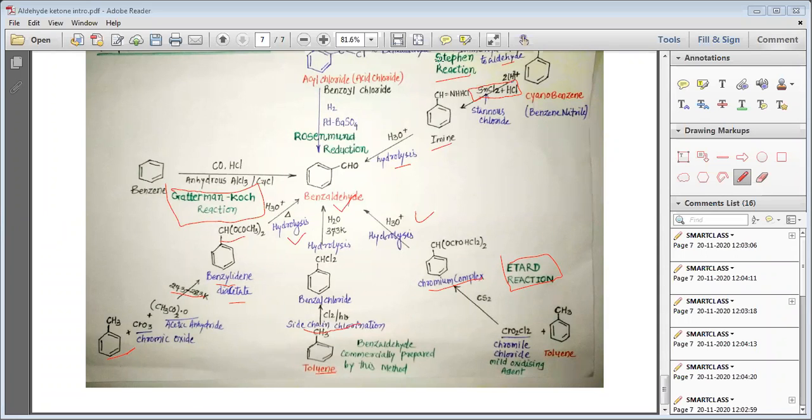So this is how, my dear students, we can easily understand the various methods of preparation of benzaldehyde, and that is what we have seen.